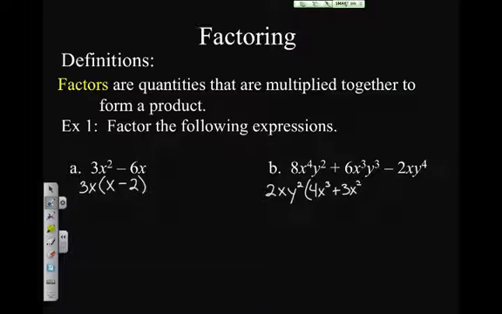And y cubed divided by y squared is just y. And then finally, for our last term, we have 2 divided by 2 is 1. X divided by x is 1. And y to the 4th divided by y squared is y squared. So we factor out each of those terms. There's nothing else that we can factor out, and that gives us our answer for part B.